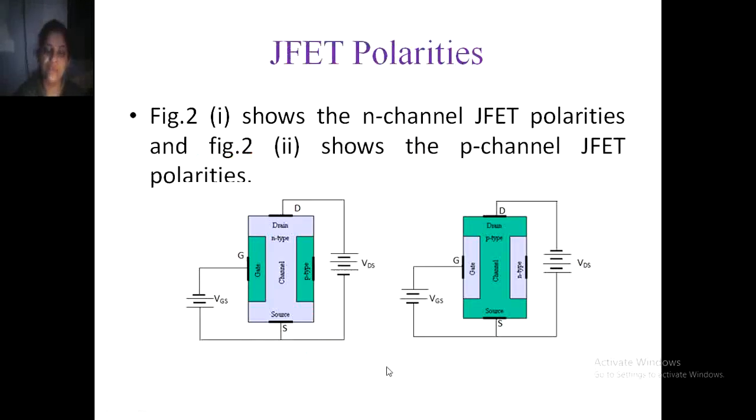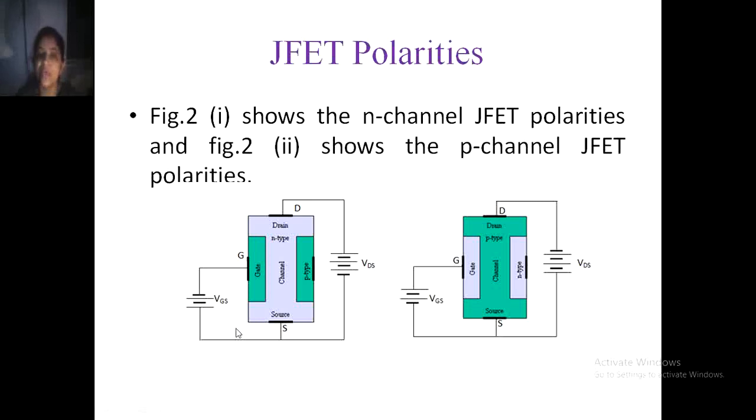And if you see the polarities of the JFET, what happens when we apply this reverse bias? Because it is the N type and the P type, it will react as a reverse bias.